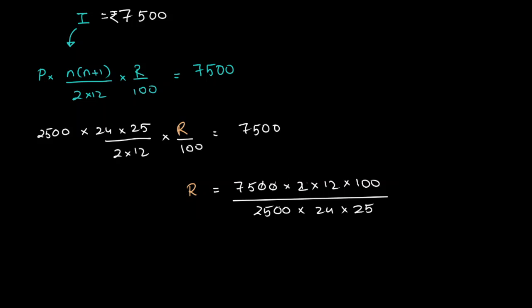So two zeros here can cancel two zeros here. Then we cancel the common factors. So this works out to 3 into 4, which is 12%. So I can say R is 12%.